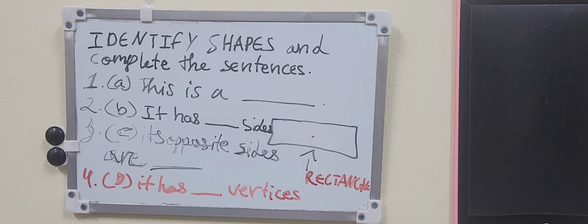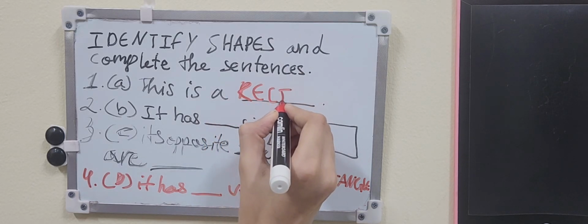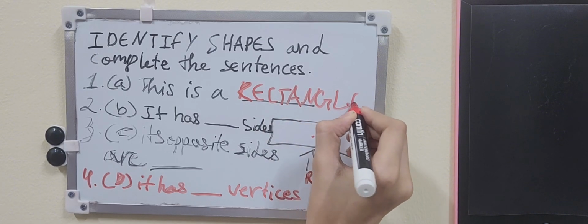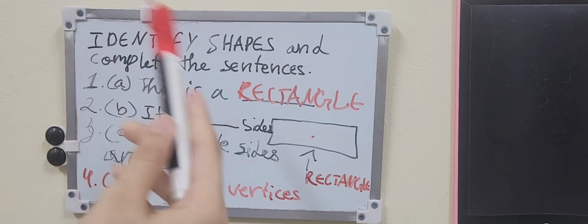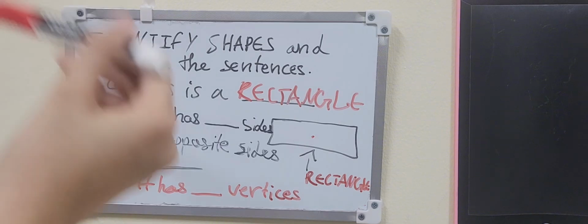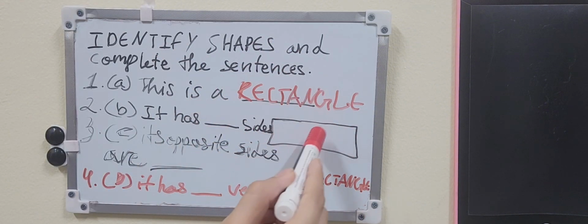So over here in this blank, we're going to be writing rectangle. And then we have question number 2. So first it said, this is a, which means what shape is this? This is a rectangle.